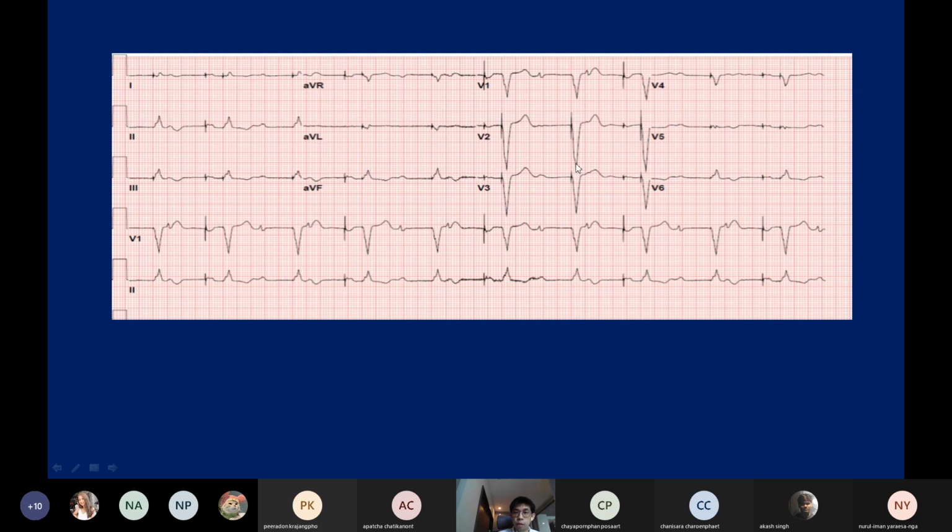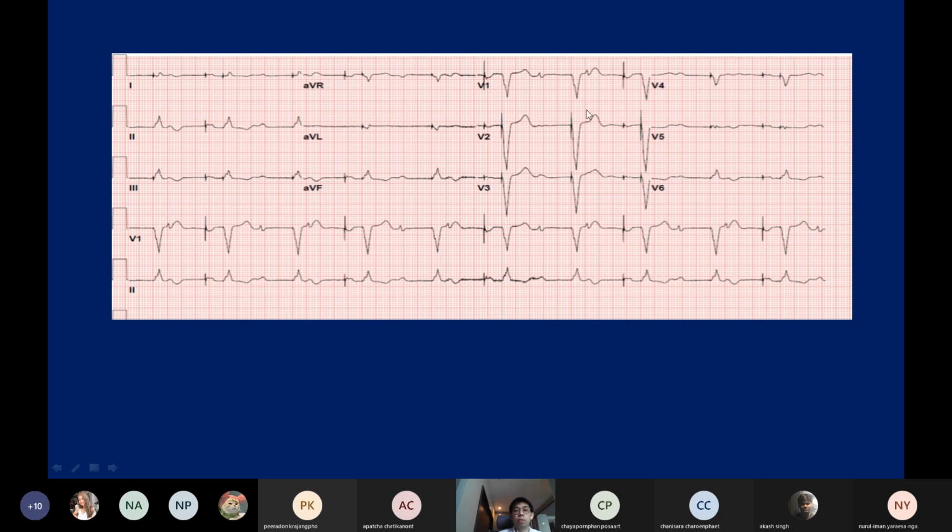And if you look at this one, it is paced, but the one before it has no pacing spike. Okay, sorry, the ventricle is pacing, but as I said before, if you could pace from both ventricle and atrium, you could sense from the same lead. So the second letter should be dual also.